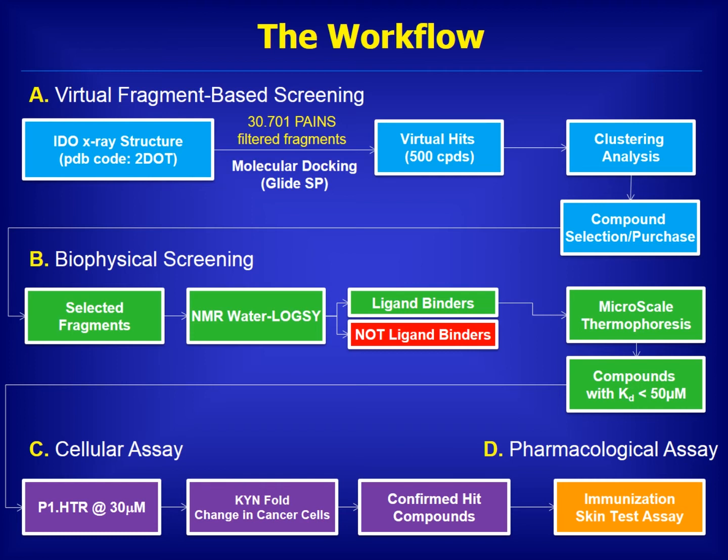Then we use cellular and biochemical assays to assess the inhibitory activity. And then we use a preliminary pharmacological assay to also assess the signaling activity modulated by the compounds that we identify. I will now hand over to Alice, who will explain these steps.